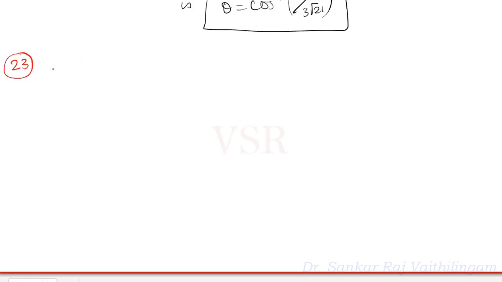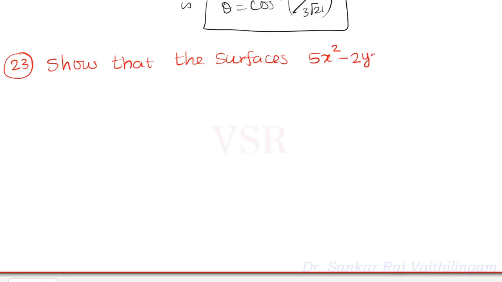Show that the surfaces 5x square minus 2yz minus 9x equal to 0 and the other surface are orthogonal, that is, show that the surface is orthogonal to the surface.